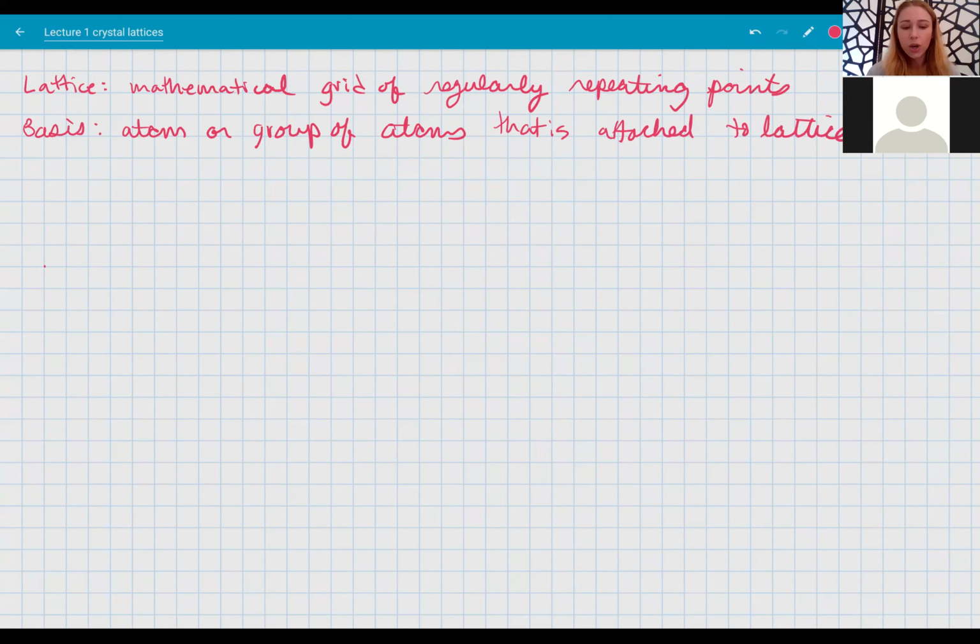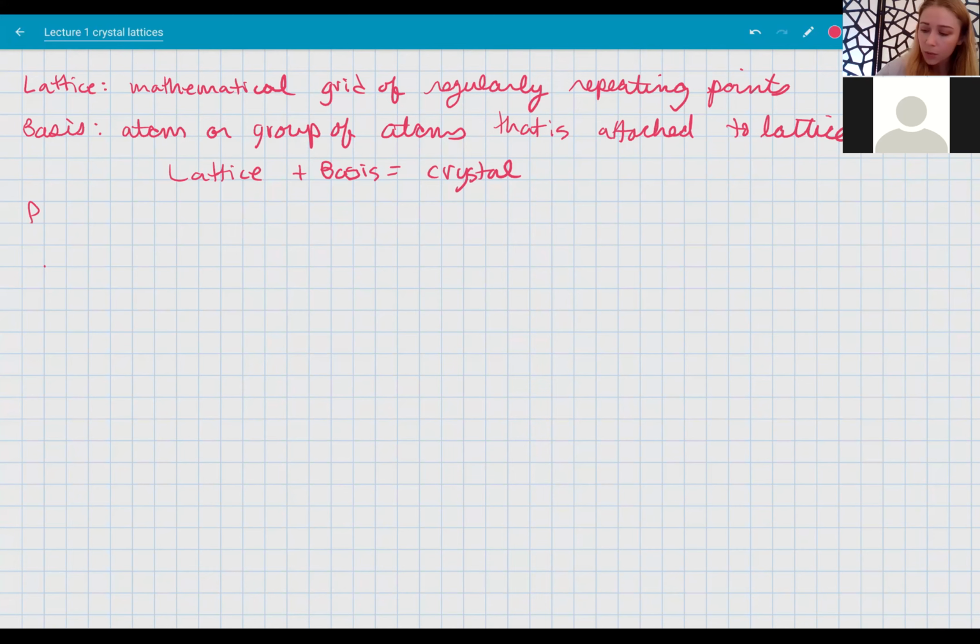All right, so taken together, the lattice plus the basis gives the crystal. And in a little bit, I'll go into some detail about how this happens. But before that, let me describe a little bit more vocabulary.